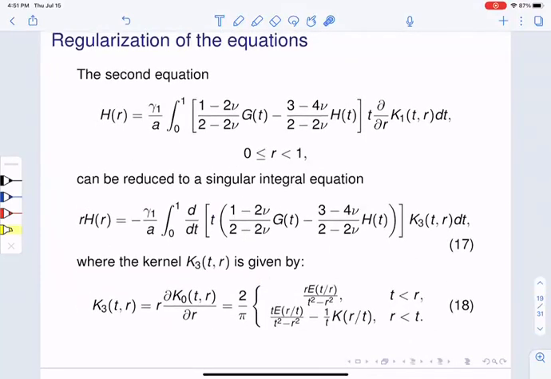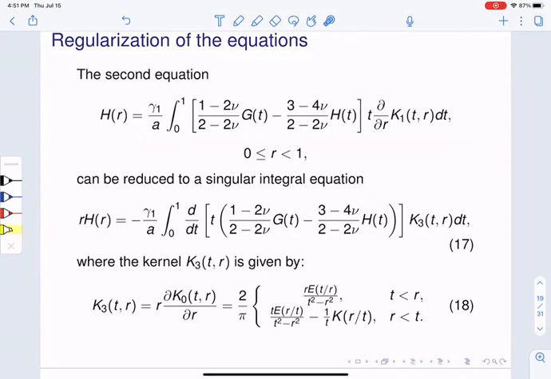The second equation is again a hypersingular equation. If you look at papers in this theory, there are lots of papers which still just stick with hypersingular equations. I don't like dealing with hypersingular equations, so I prefer to convert them to an integro-differential equation. The way you do this is essentially integration by parts over here.